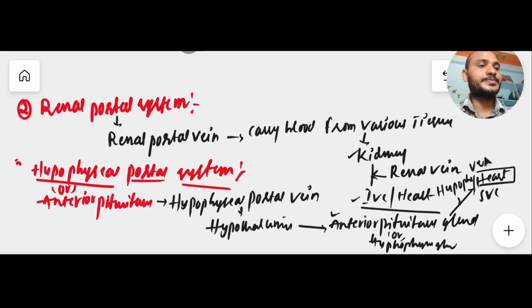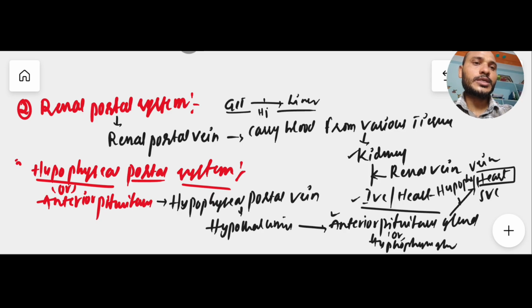Hypophyseal vein. So here, portal is a term which always comes between two organs, and vein is a term which comes between organs and heart. For example, hepatic portal vein is there, hepatic vein is there. Hepatic portal vein is present between gastrointestinal tract and liver, but from liver to heart we have hepatic vein.